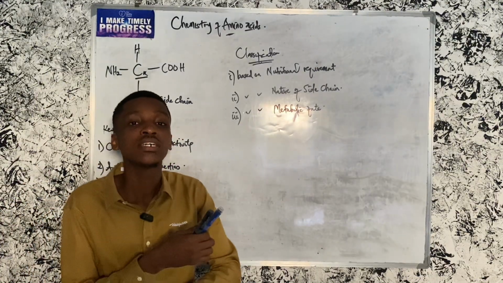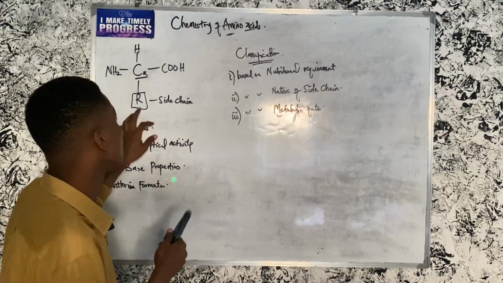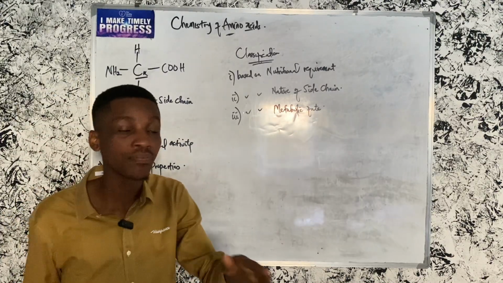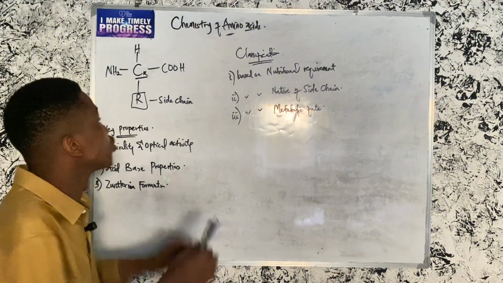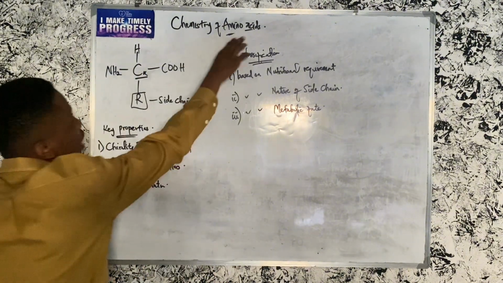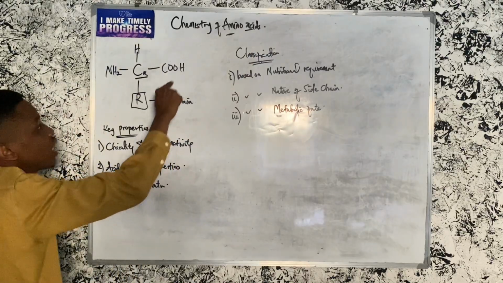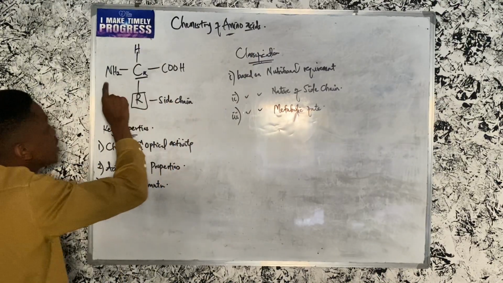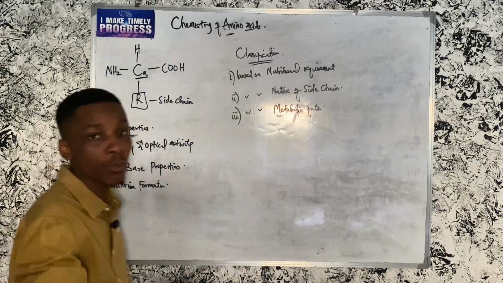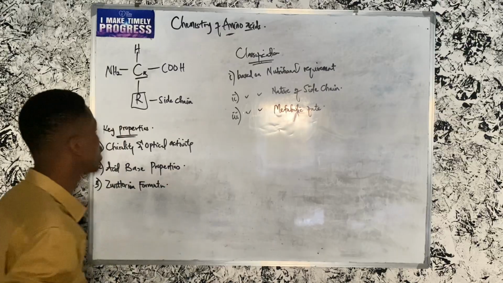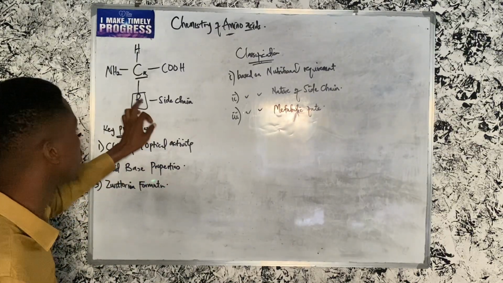But if the side chain is a methyl group, that is CH3, the amino acid you'll be dealing with will be alanine. So this same structure is what we have for all amino acids. There will always be a central carbon, a carboxylic group, hydrogen, and an amino group. The only thing that makes one amino acid different from another is what? The side chain, which is the alkyl group R.